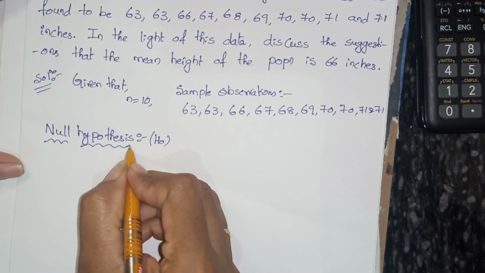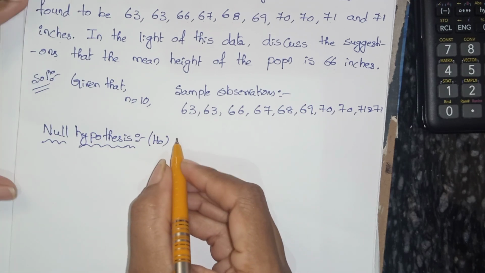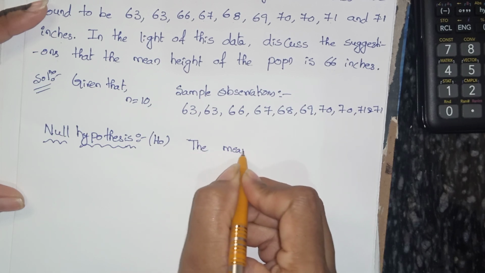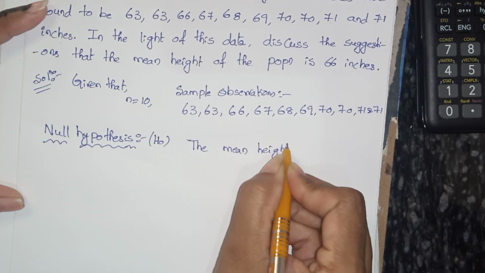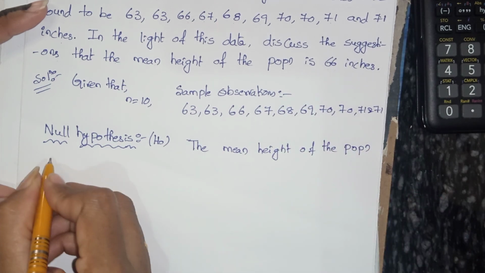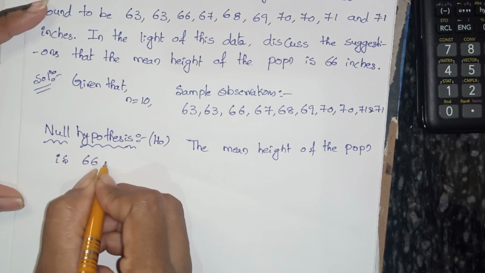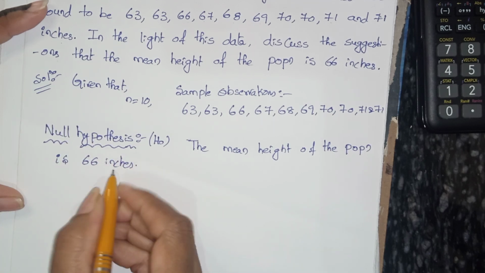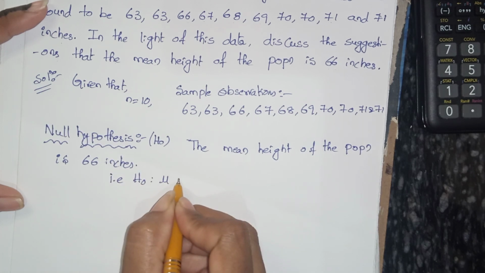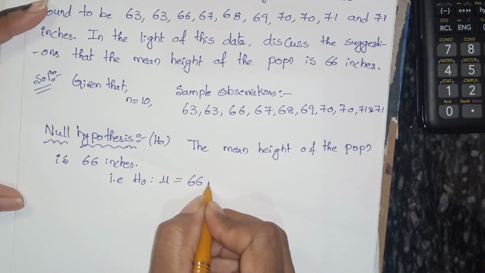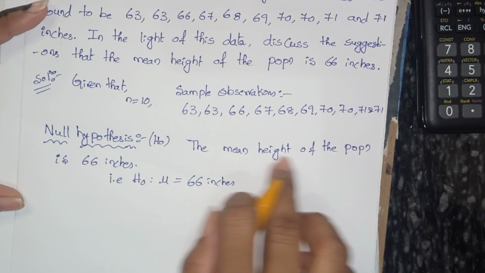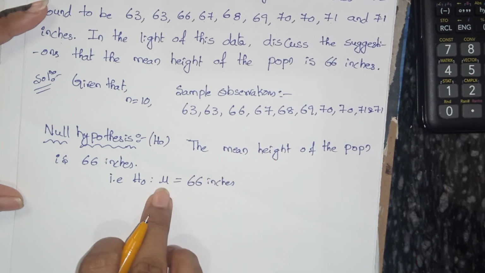What we have to write here is the statement: the mean height of the population is 66 inches. So we can write H naught such that mu equals 66 inches. Here they told population mean height, and the population mean is denoted with mu.